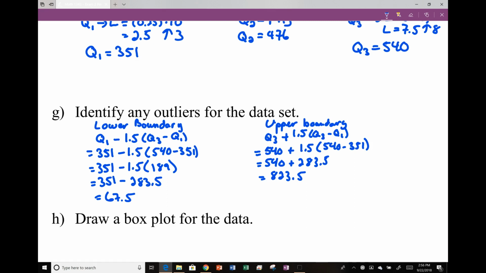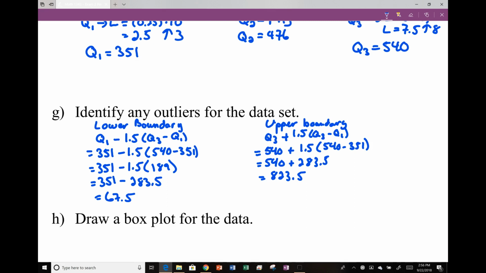I subtract these two values and get 189. Then I'm going to multiply that 189 by 1.5, and I get 283.5. I take 351 minus 283.5, and I get 67.5.